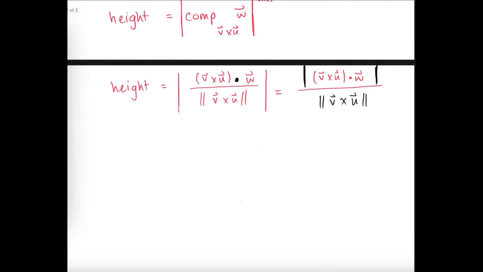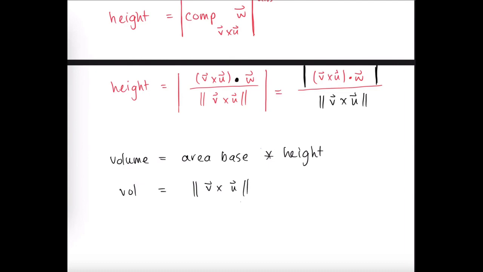Now, let's go back to our volume formula, which was that we were looking at the area of the base, and then we're going to multiply that by the height of the parallelepiped. So the area of the base is the magnitude of the cross product of the two vectors that generate the floor, right? That's the area of the parallelogram, that is the floor.